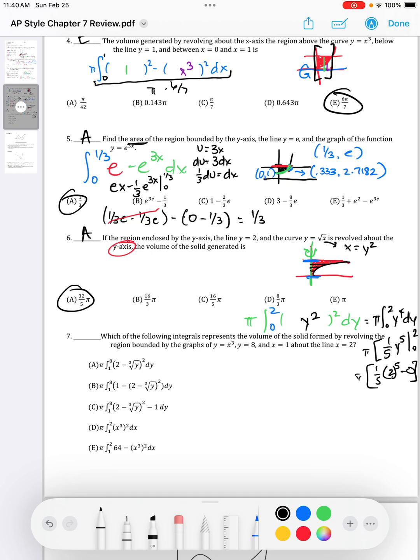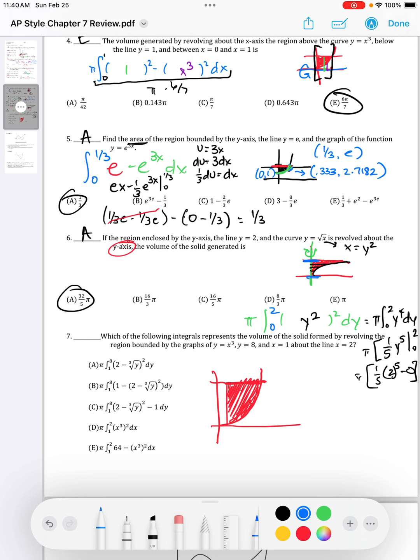All right, last one that we are going to do here for the multiple choice. We have the graph x cubed, the line y equals 8, and x equals 1. And we are going to rotate this along the graph x equals 2.